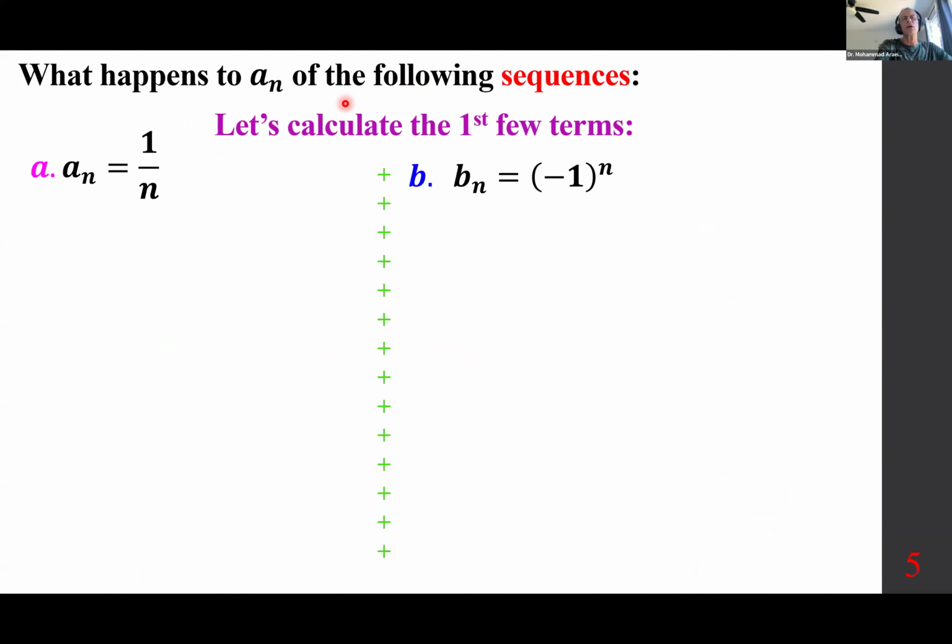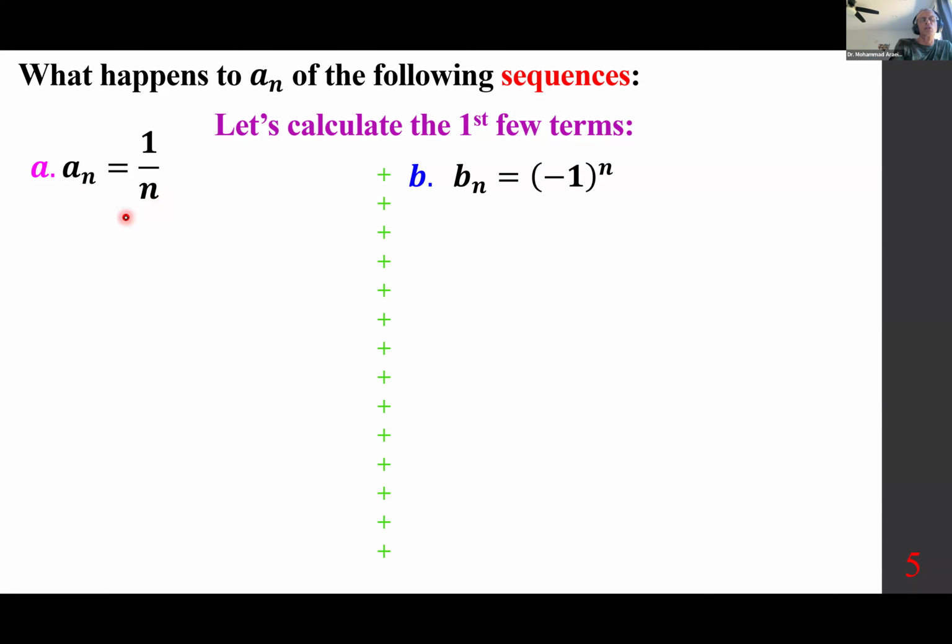What happens to a sub n of the following sequence? Let's calculate the first few terms. In this case, a sub n is 1 over n. So let's just plug in. If I put 1, I get 1 over 1, which is 1. If I put 2, I get 1/2. If I put 3, I get 1/3, right?